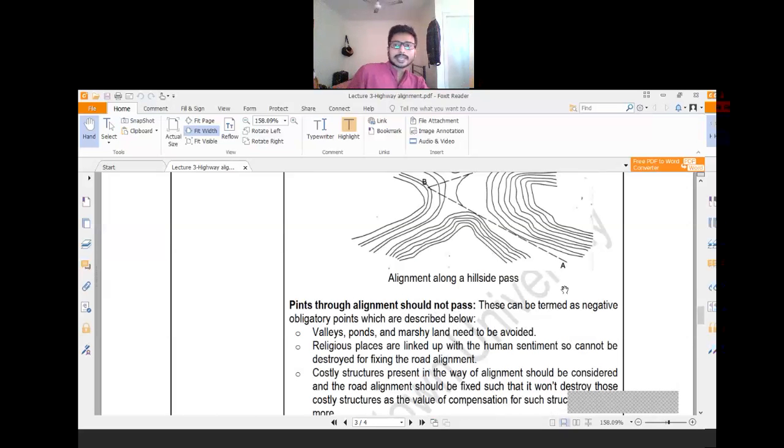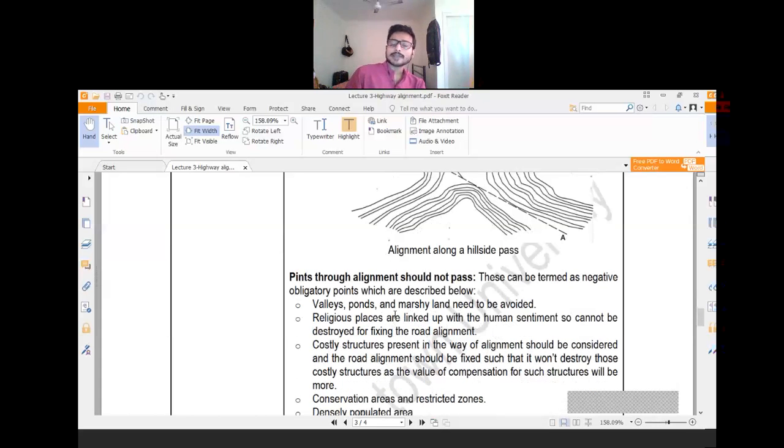Now coming to the negative obligatory points. There are different types of negative obligatory points. First one is that dwelling ponds and marshy lands need to be avoided. If there is any pond, watery area or marshy land, you need to avoid that area.